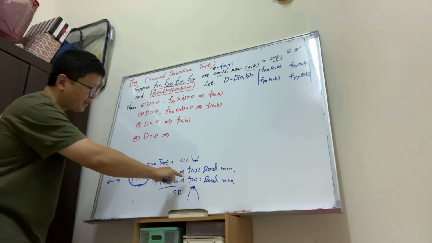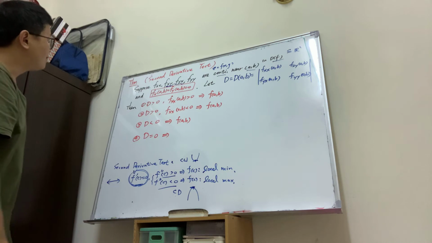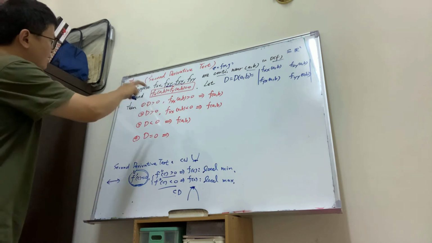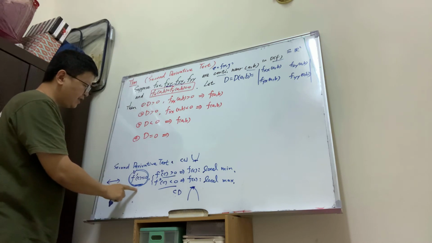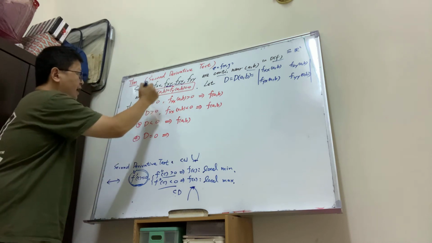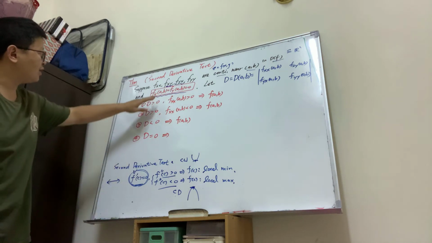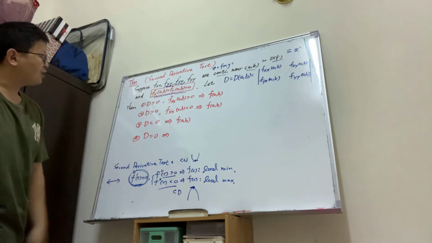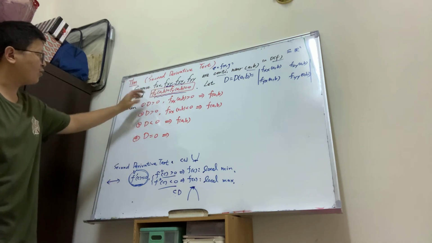This statement. And now for the function which contains two variables, the first derivative becomes this one. And as we know, for the critical point of the function f, there are two cases. One is this one.